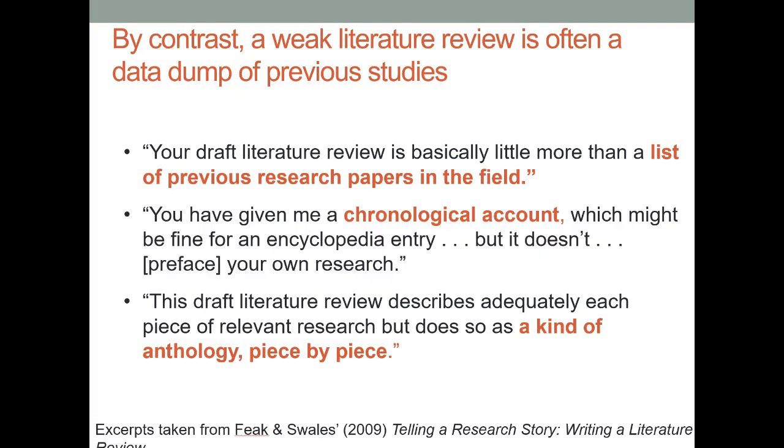So this right here is some actual quotes by dissertation advisors describing the literature reviews of their various students. So one advisor complains that a student's literature review is little more than a list of papers, or is just a chronological account, or is a kind of anthology, piece by piece.